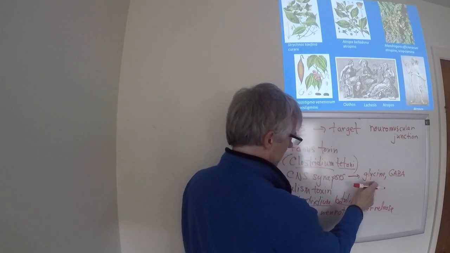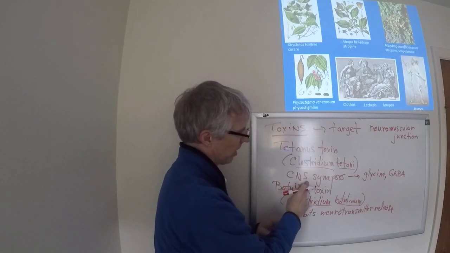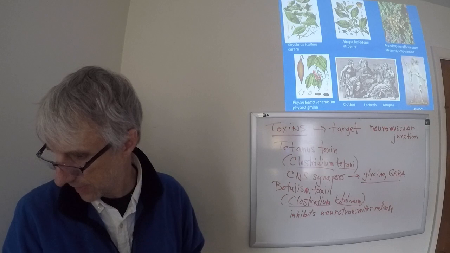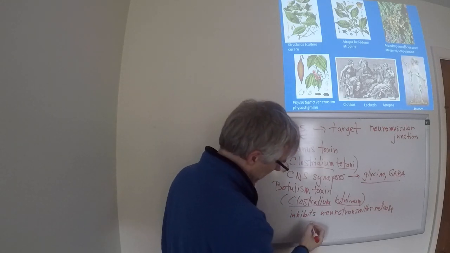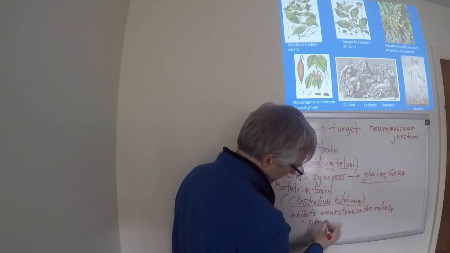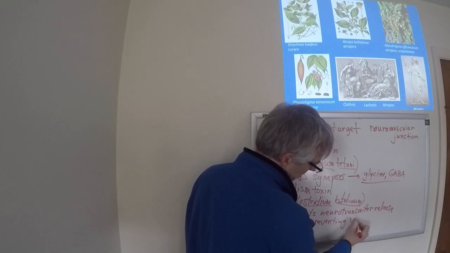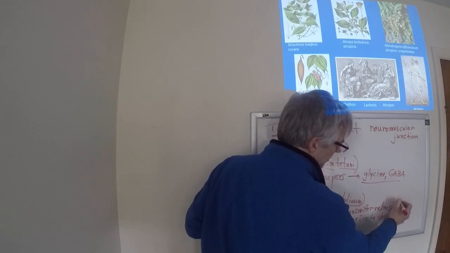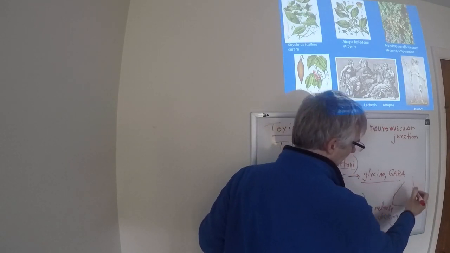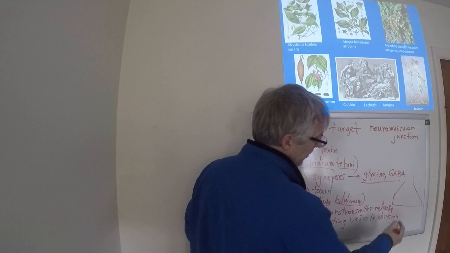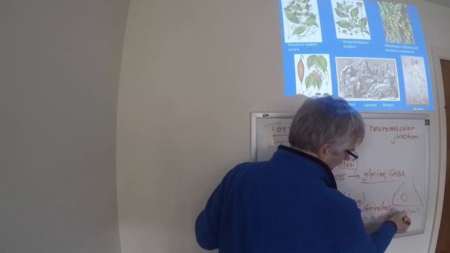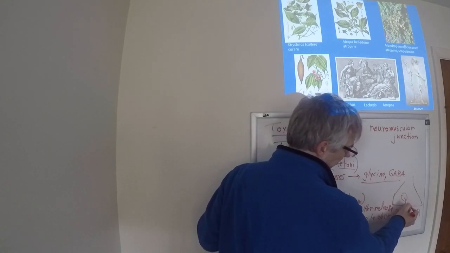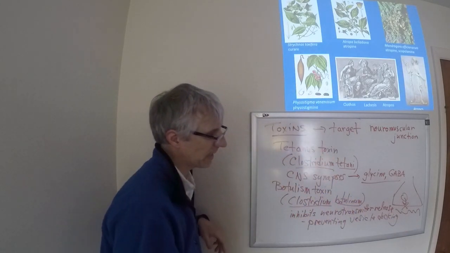Just like tetanus toxin prevents release of these, in this case, the release is accomplished by preventing vesicle docking. So the neurotransmitter is in that synaptic terminal. I need to communicate with somebody down here. I prevent the vesicle from binding to the membrane.